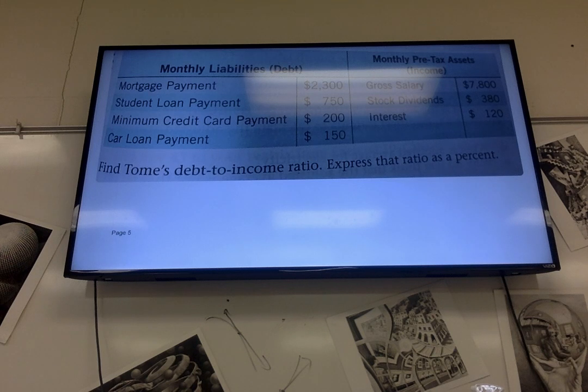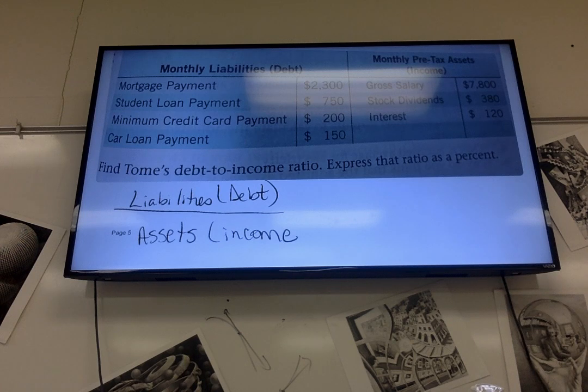is we take his liabilities, otherwise known as debt, and we're going to put that over his assets, which is his income. So we're going to have to find a total of each of these.